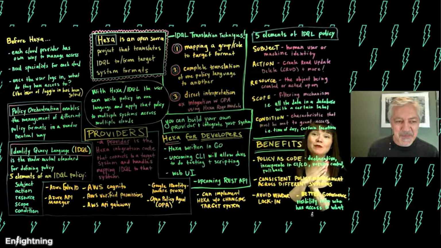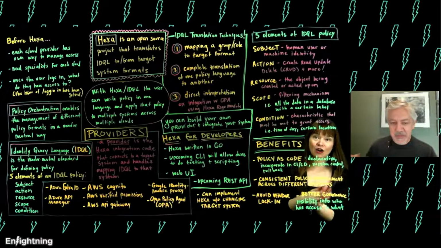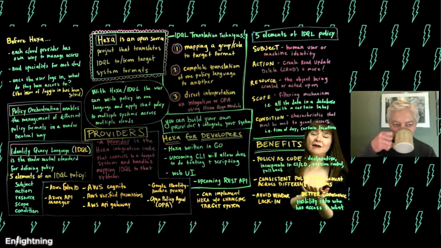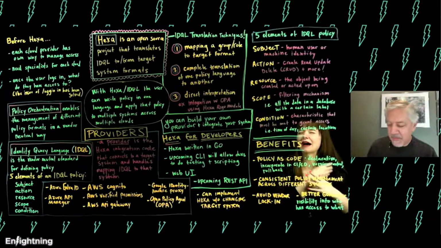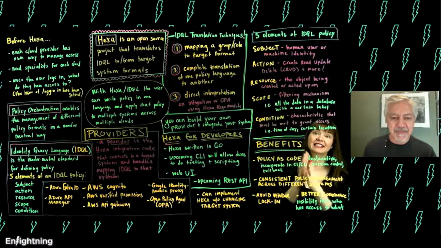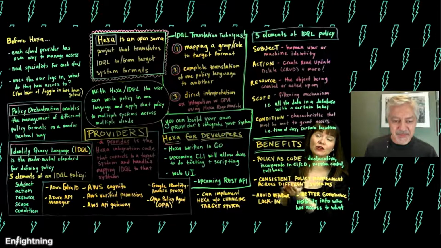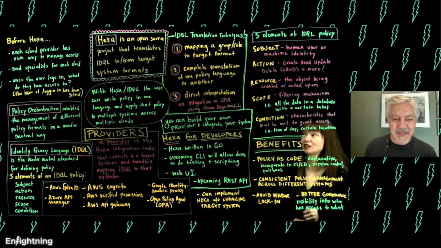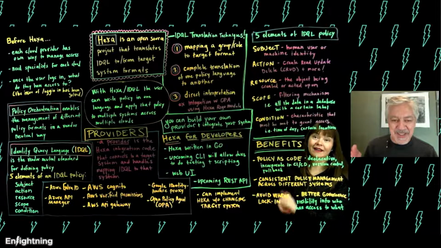So in a world before Hexa, what happened was each cloud provider has their own way to manage access. I want to say right off the bat, I had confusion about initial access, like login versus access, like once your identity is known in the system, what you're allowed to use and get to. So the issue of logging in has pretty much been solved with OpenID Connect. But we're assuming that step has already been completed.